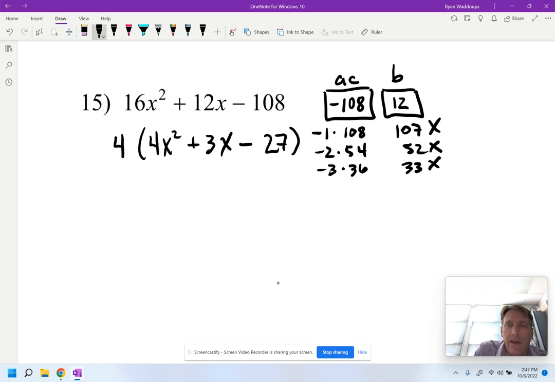No. Negative 4 times 27 is negative 108, and those add to give us 23. No. 5 won't go into 108. 6 will.